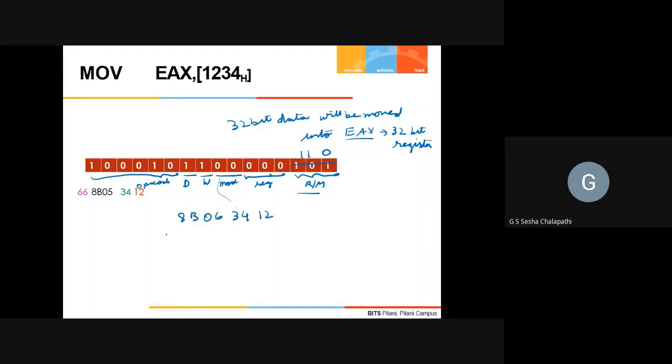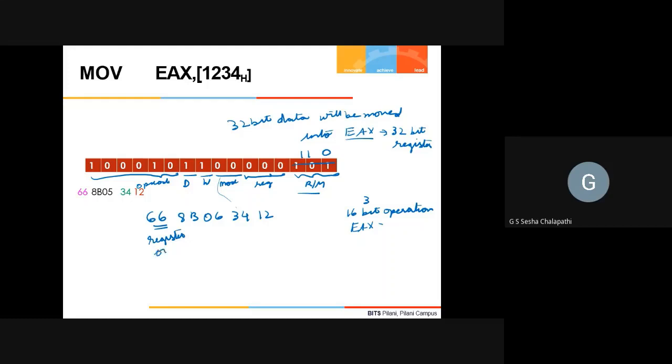3412. However, you will have an override of 66. Why? Because you are in 16-bit operation mode, but you are using EAX, which is a 32-bit register, and therefore you will have a register override.